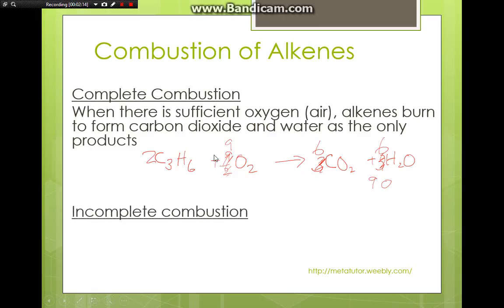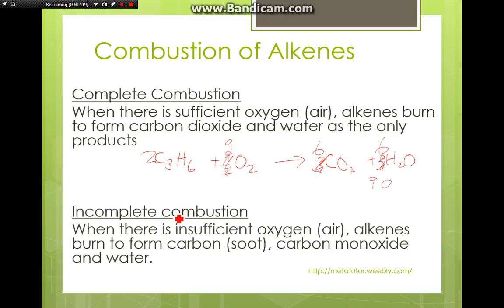Incomplete combustion is when we do not have enough oxygen. The carbon will form soot, the black smoke, or the carbon will form carbon monoxide, a poisonous gas. The hydrogen will still form water.